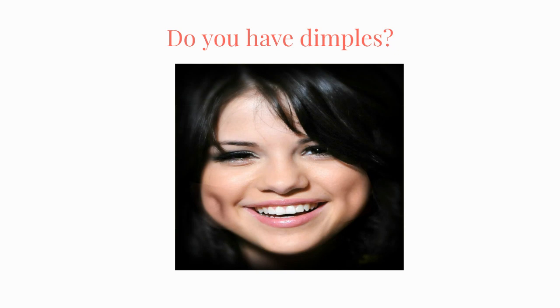Dimples, however, are very, very heritable, which means that people who have dimples tend to have all of their kids with dimples. And so, if you're guessing that dimples are a dominant trait, which means having one copy of the dimples allele is enough to show or express dimples, that is correct. You guessed it right. So, not only are dimples dominant, but also we just defined what dominant means.